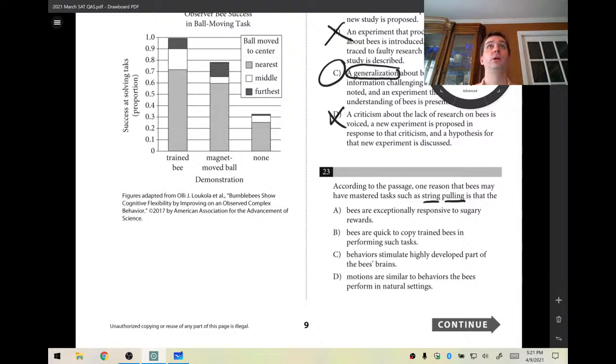Well, the passage makes the claim that perhaps it's similar to the normal activity of bees. Perhaps that's normal for bees. In the course of normal bee activity, when they're trying to get pollen, perhaps they pull things. The idea here is that the motions would be similar to the normal, ordinary behavior of a bee.